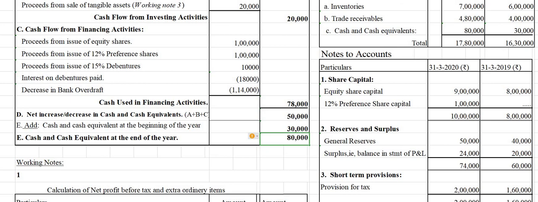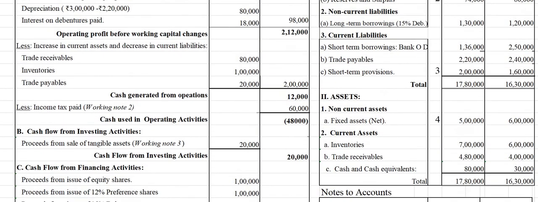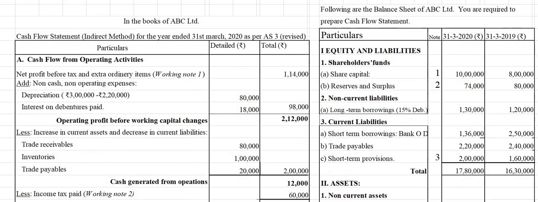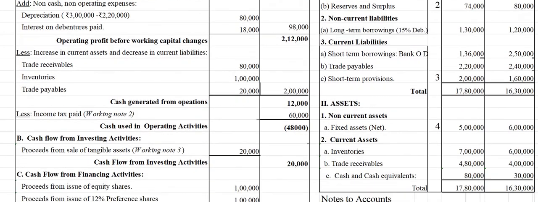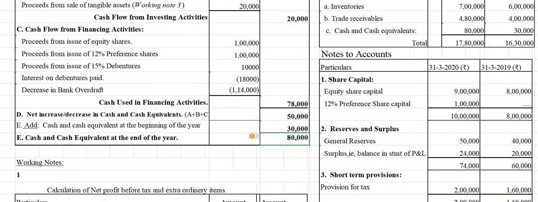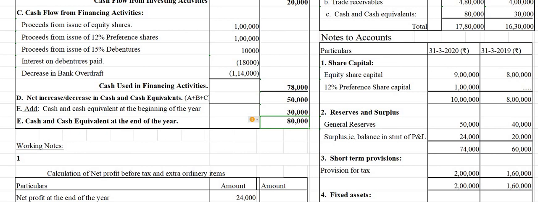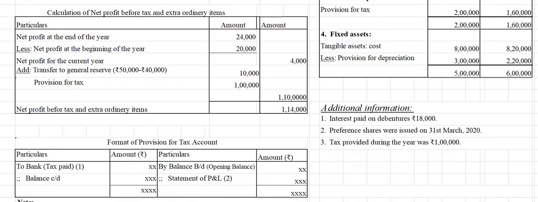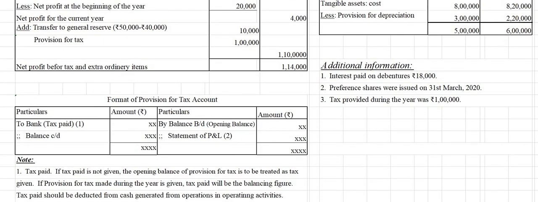So this is the way of solving a question related to the cash flow statement. So what are the important things we have studied here? Here we have seen how to calculate net profit before tax and extraordinary items. That is one important thing. And another one is how to make the format of the provision for tax account.